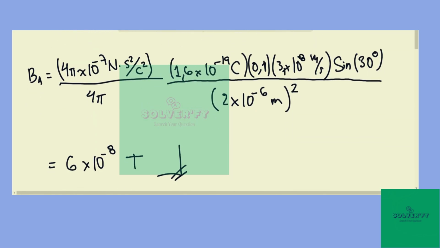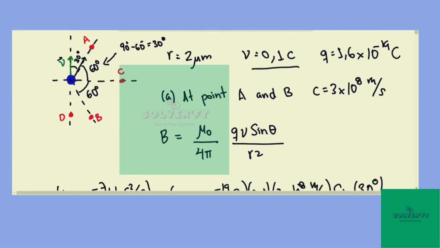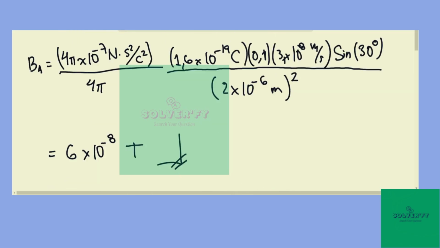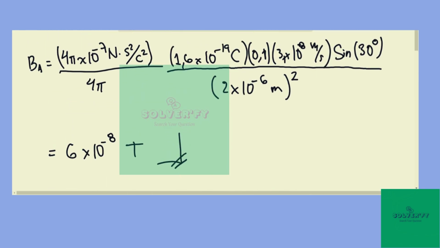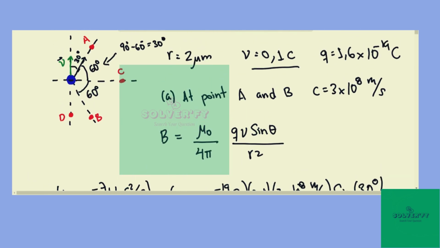And the direction can be obtained by the right-hand rule, and that is given by the cross product between the velocity vector and the r vector.